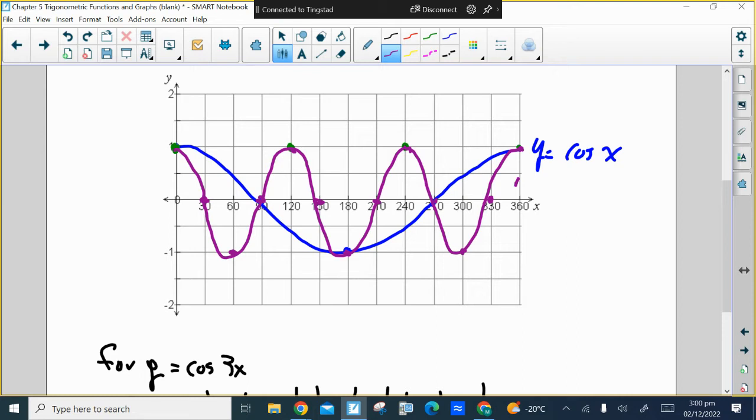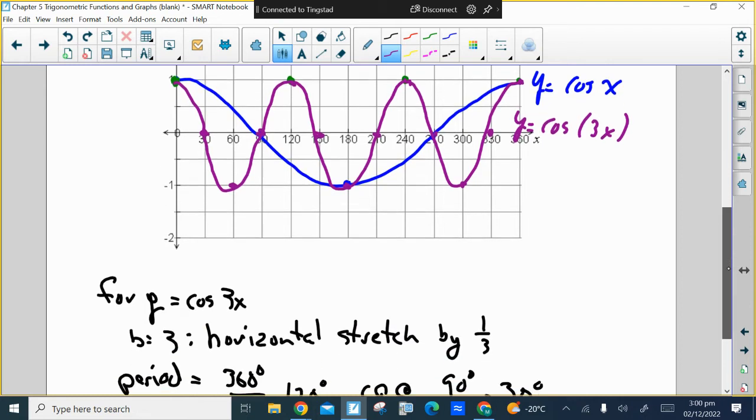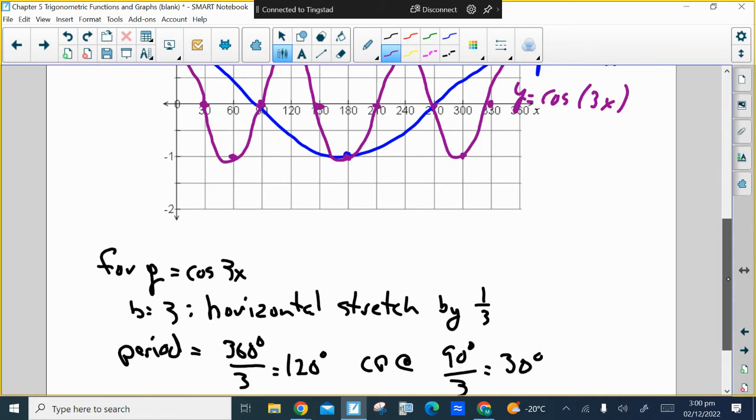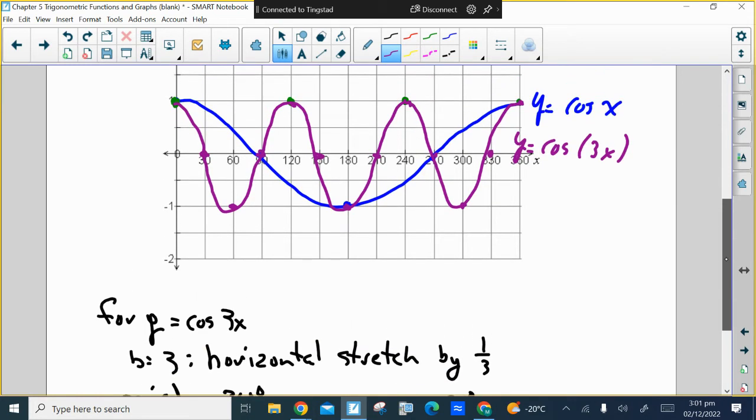So this is the graph of y equals cos of 3x. We've stated the new period and the new critical points that gave us that graph.